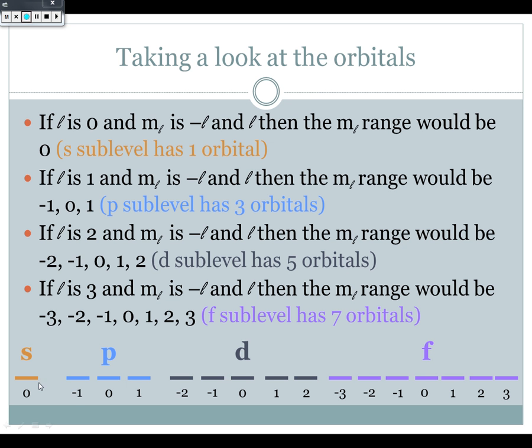These are what you can think of as those locations on that table with the little diagrams for each of the individual electrons. These are all different locations for those electrons to fit in. You can fit 2 electrons in each orbital, and that's going to get into our m sub s. I could fit 2 electrons here, and 2 electrons here, 2 here, and 2 here.